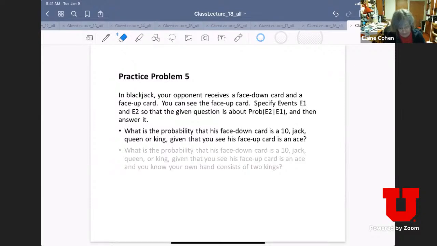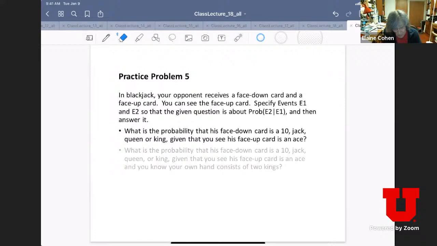What's the probability that his face down card is a 10, jack, queen or king, given that you see his face up card is an ace?